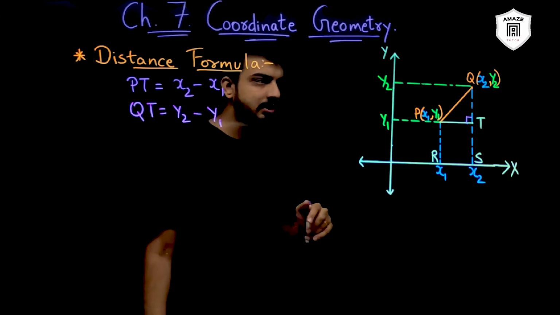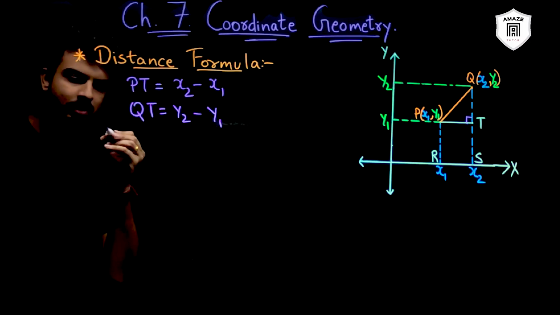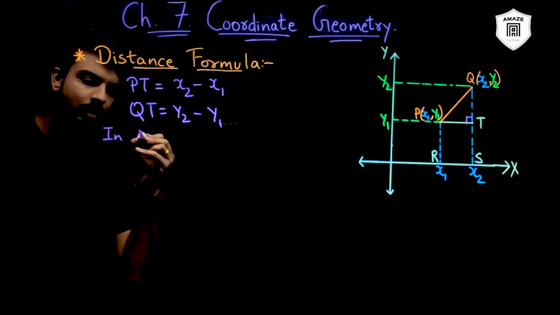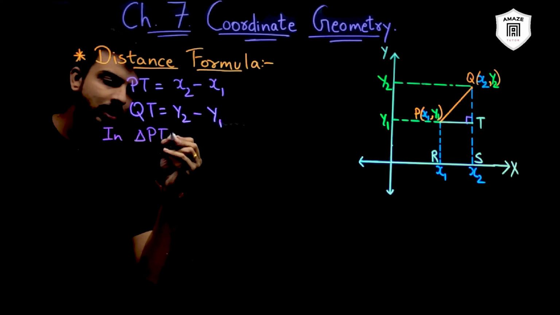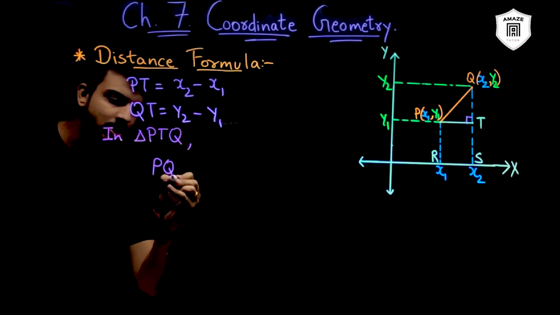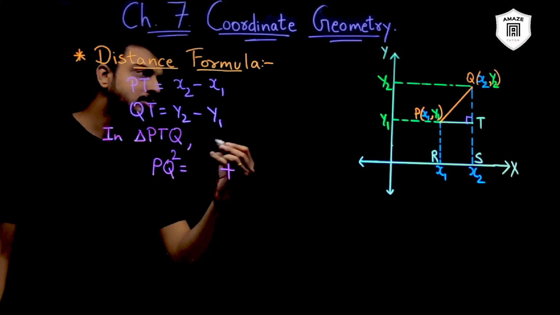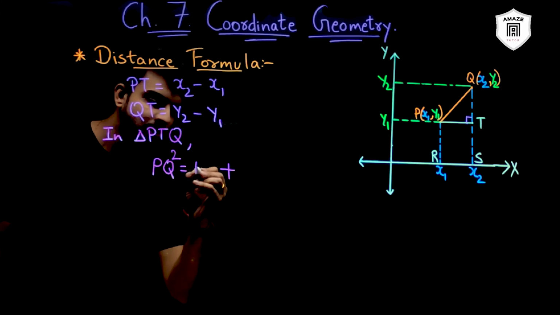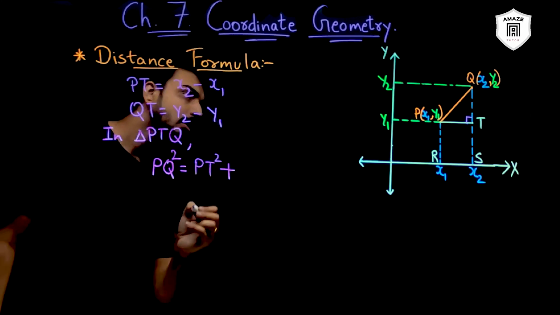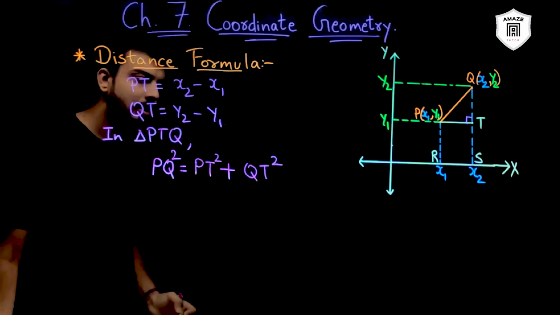Yes, by Pythagoras theorem. So in triangle PTQ, the hypotenuse square, which is PQ square, is equal to the sum of squares of the other two sides, which is PT square plus QT square, right?